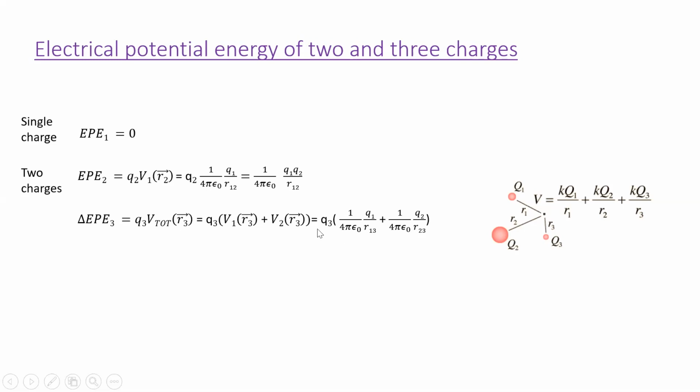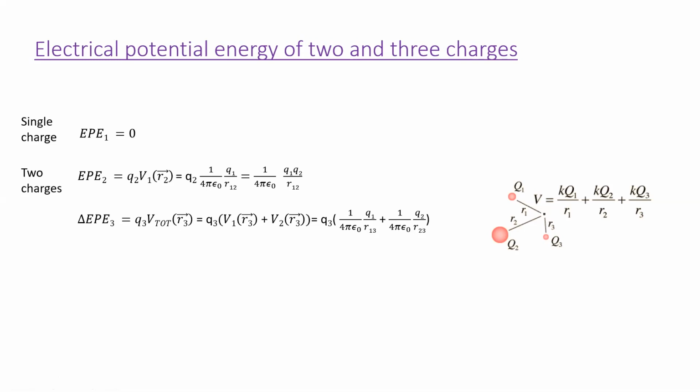Okay, so we know what these are again because we're assuming these are point charges. V1 at the location R3 is going to be 1 over 4 pi epsilon naught Q1 over R13, and V2 will be Q2 over R23. Okay?